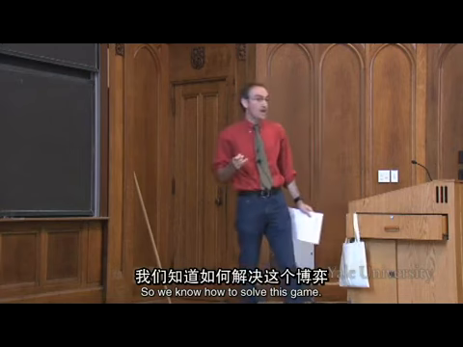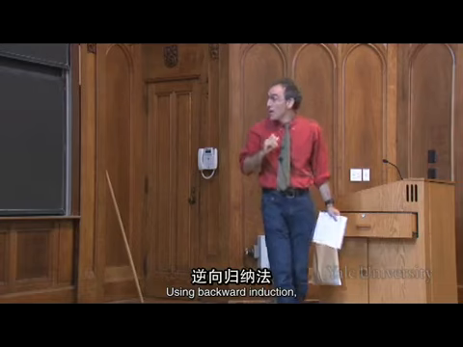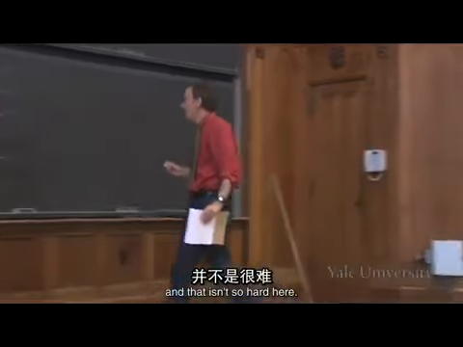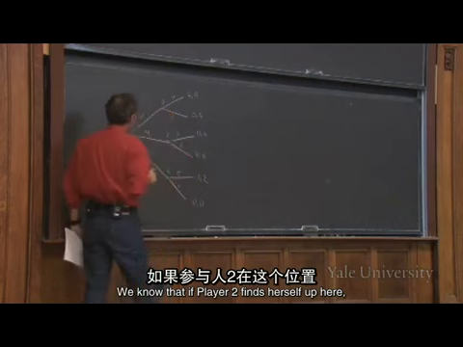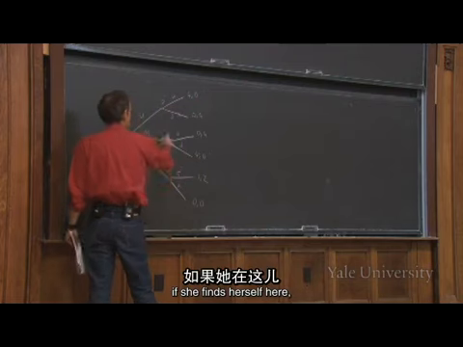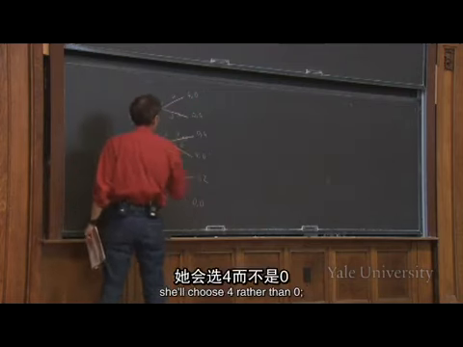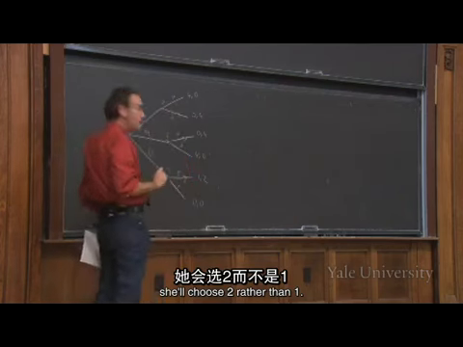So we know how to solve this game. We solve this game using backward induction. And that isn't so hard here. We know that player 2, if she finds herself up here, will choose 4 rather than 0. If she finds herself here, she'll choose 4 rather than 0. And if she finds herself here, she'll choose 2 rather than 1.